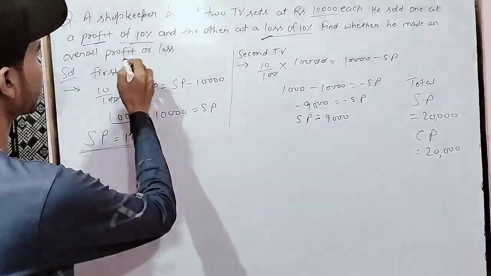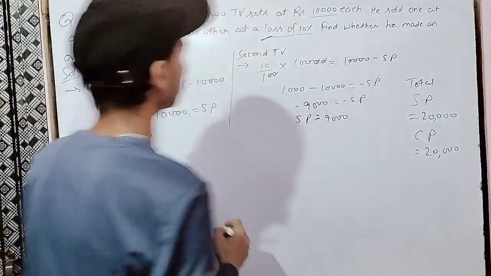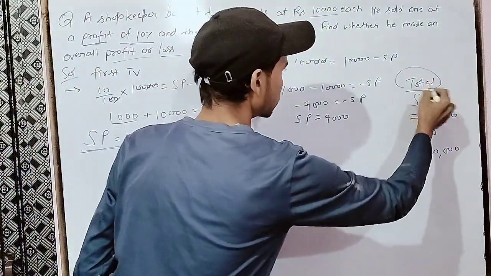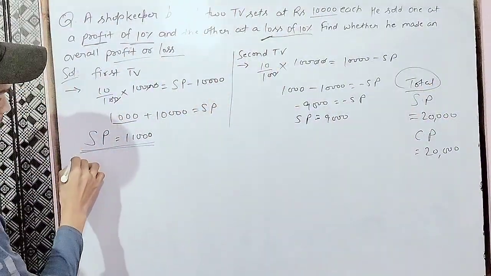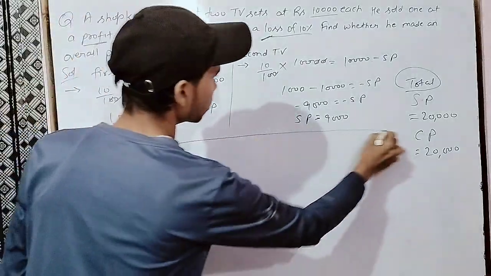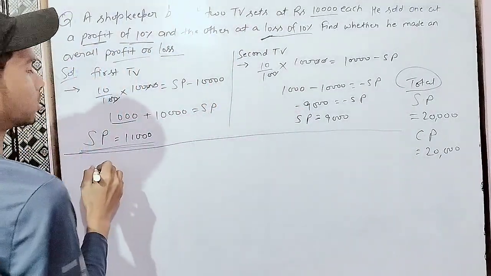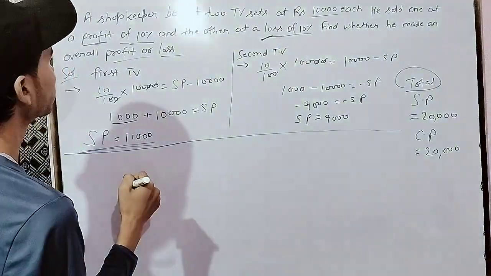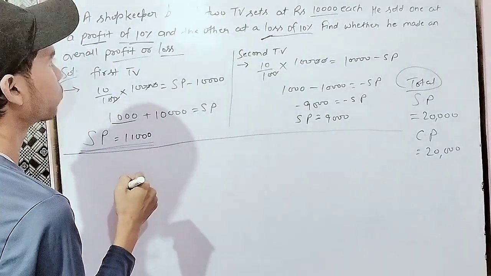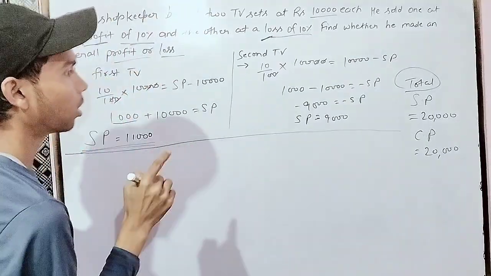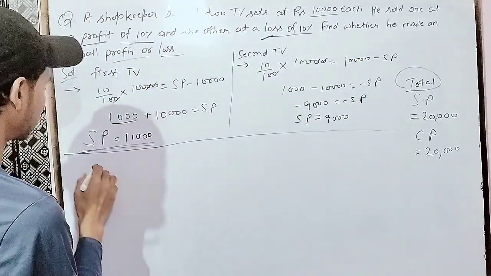Now let's say overall, which means total. It's time to find the overall profit from all selling prices and all cost prices.